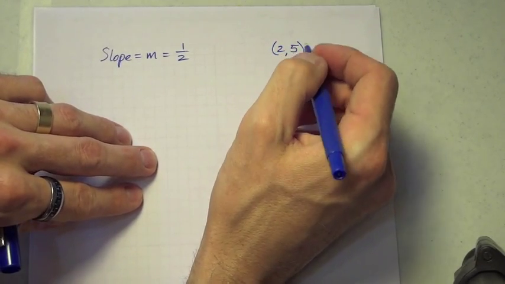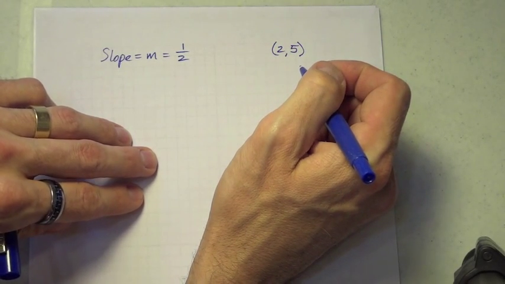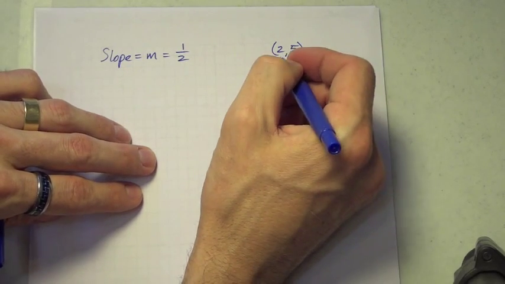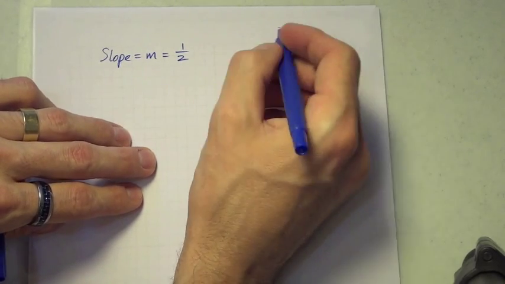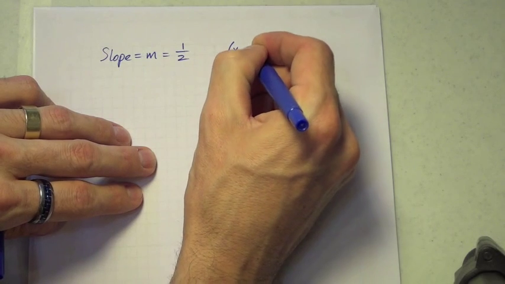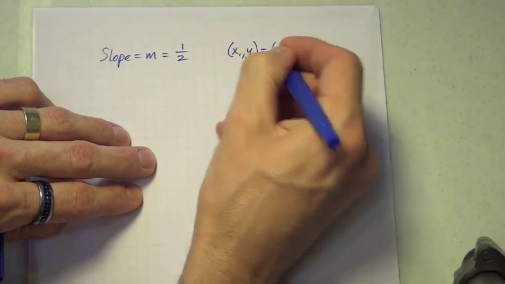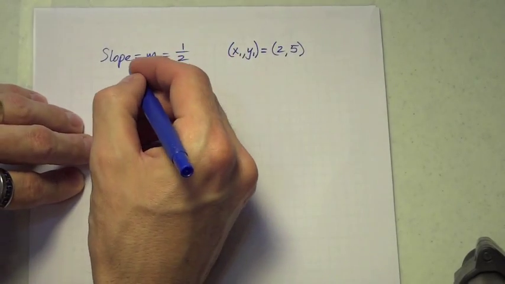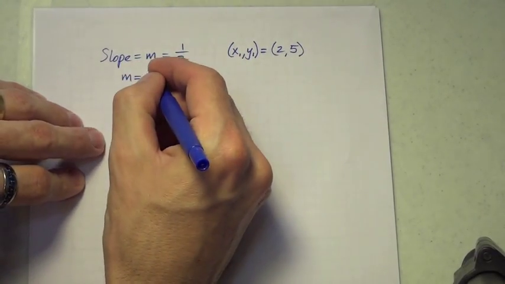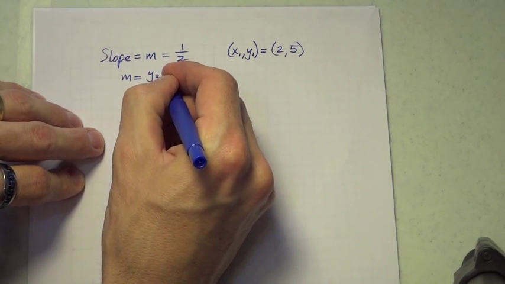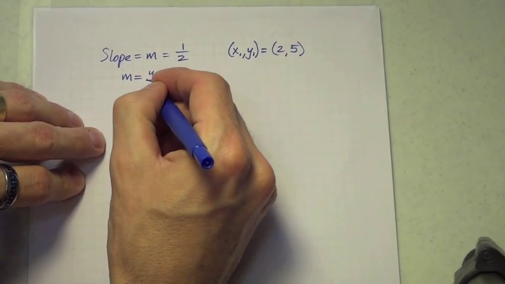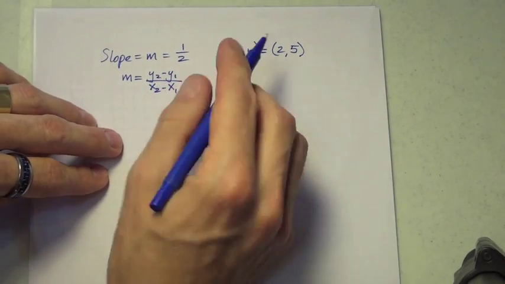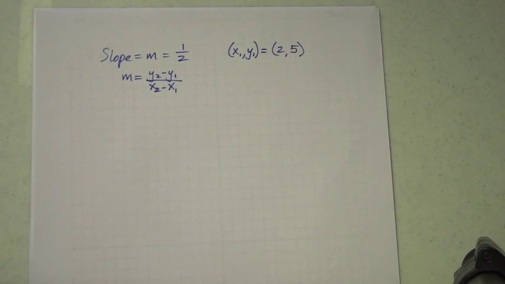Now let's say, going back to our slope equation, where you have x1, y1, x2, y2, that this point represents the first point, x1, y1. So now we're going to use that slope equation, m equals y2 minus y1 over x2 minus x1. So what we're going to do now is substitute.